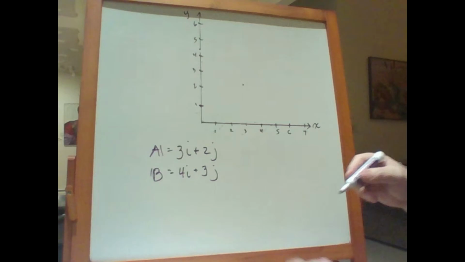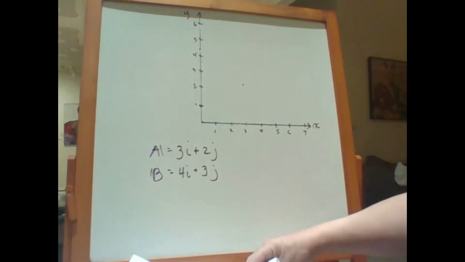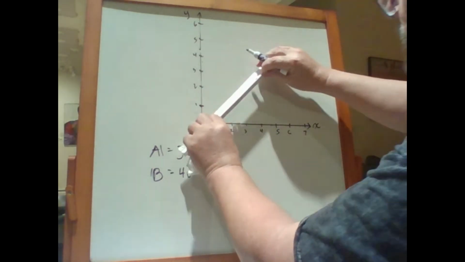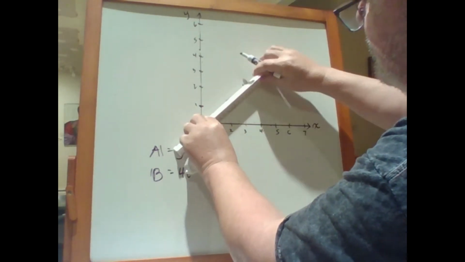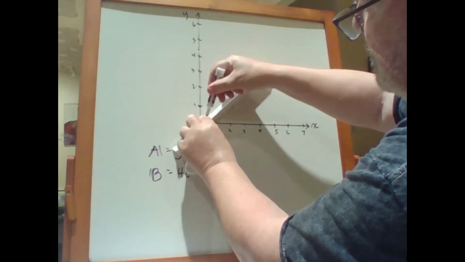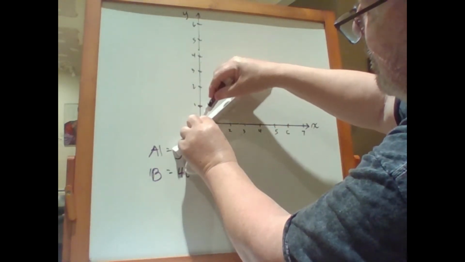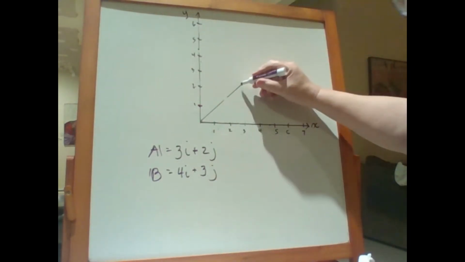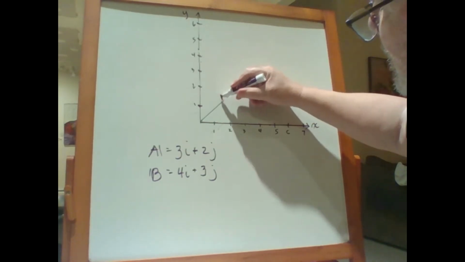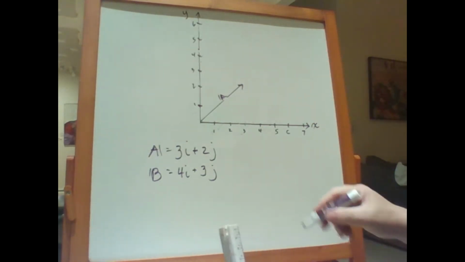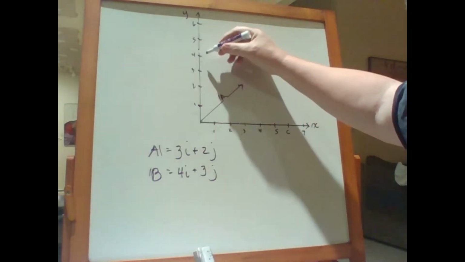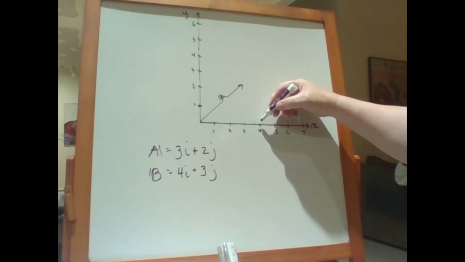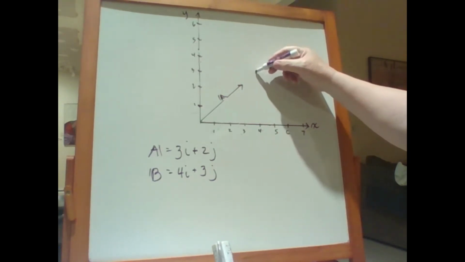So A, this would be our vector A. Okay, B is 1, 2, 3, 4, and 1, 2, 3 up.